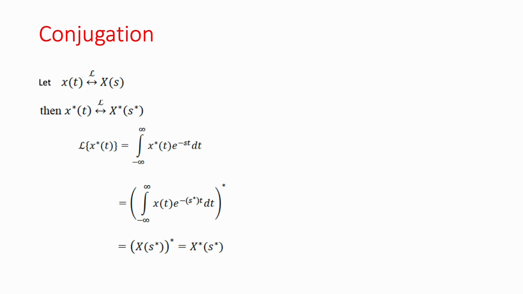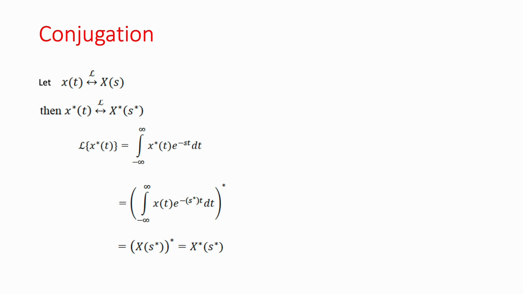The conjugation property is x conjugate of t. If you take the Laplace transform, you should get X conjugate of s conjugate. So this is the statement of the conjugation. Now we can take the Laplace transform. You all know the Laplace transform formula; here, what is our input signal? x star of t, so you substitute x star of t instead of x of t.